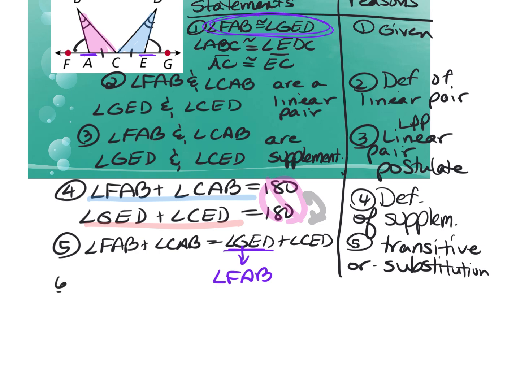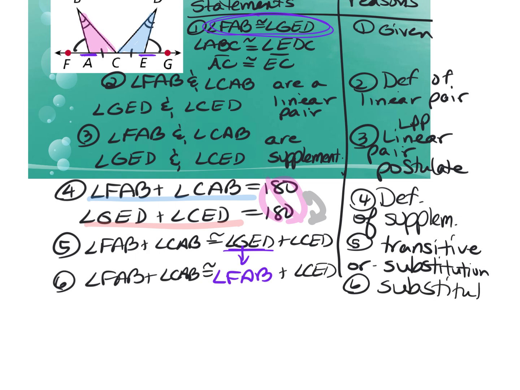I'm going to rewrite everything else. So FAB plus CAB, and then over here, put down the CED. And this was substitution. It can't be transitive on this one, because all I did was replace GED with what it equaled from the beginning.